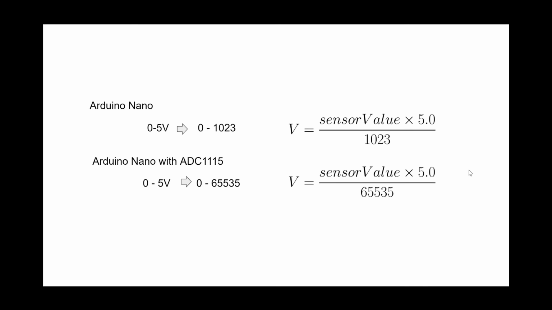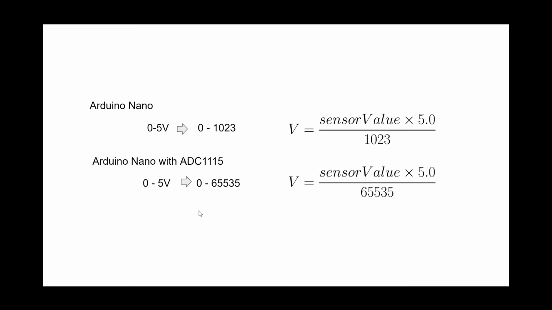We want to measure the voltage, but in fact, using the ADC of Arduino, it's a value from 0 to 1023. It looks far from a voltage value, right? With the ADS1115, which we already tested, you can read the value from 0 to 65,535, but not from 0 to 5 volts anyway.